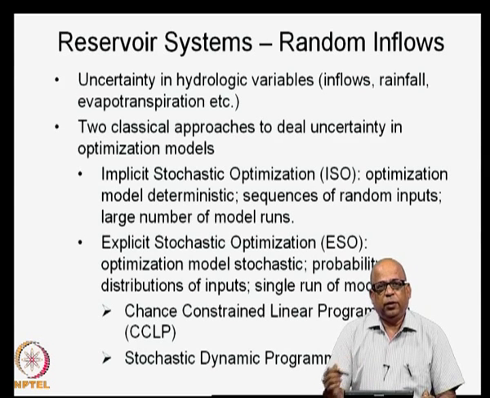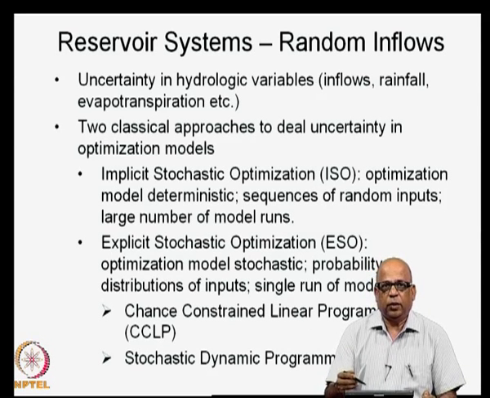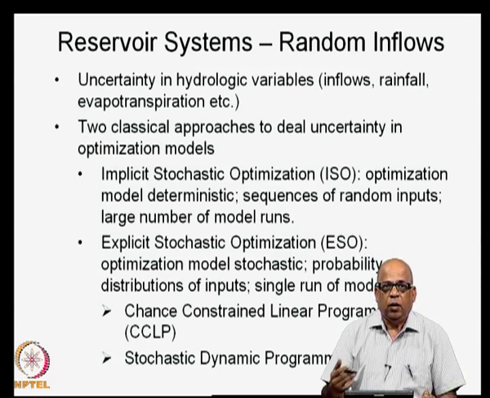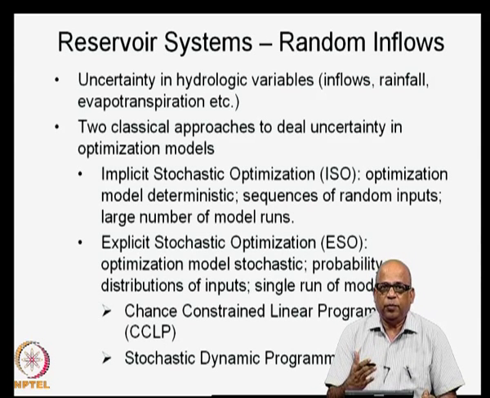Now, because of the uncertainties associated with the stream flows or the inflows, we start modifying the procedures that we have developed earlier for deterministic sequences to incorporate in some sense the variations that are likely to occur in the stream flows or in the inflows.